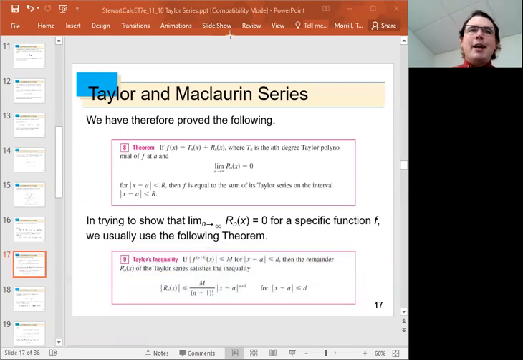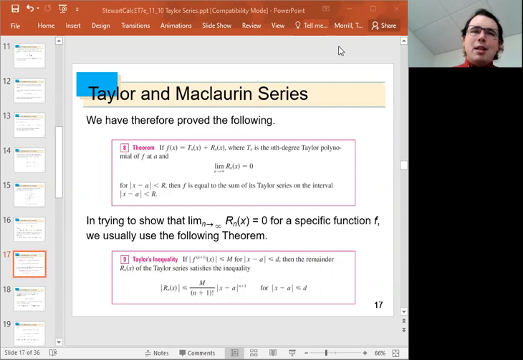So if the n plus first derivative of that function f is less than or equal to some number that I'll call capital M in absolute value, right, so notice the absolute value bars here. And if this is true, so long as the absolute value of x minus a is less than or equal to d, so you can think of d being the distance x is from the coordinate a.